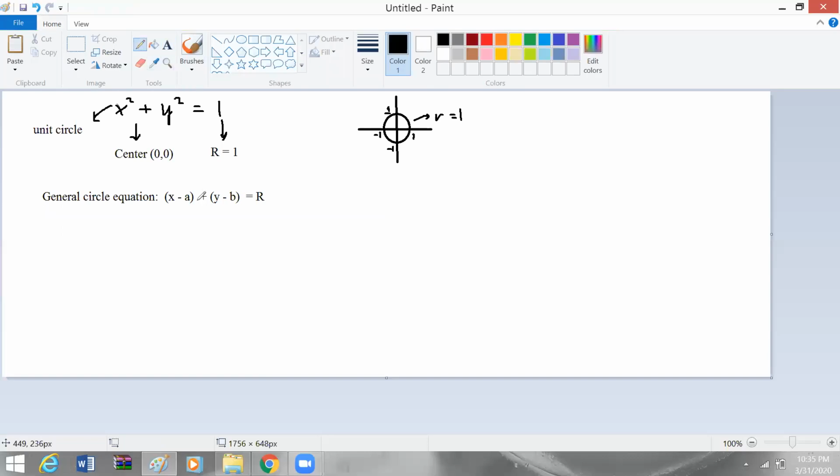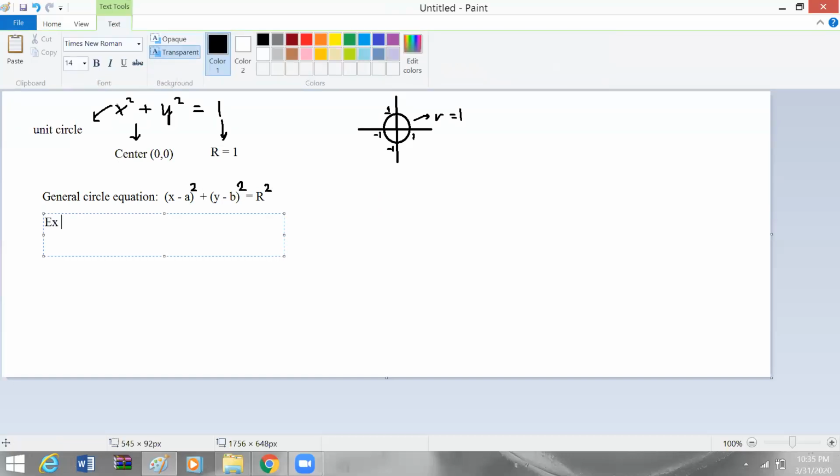We can clearly see x minus a squared plus y minus b squared equal to r squared. So this is what we have for the circle equation. There will be a lot of problems regarding the general circle equation.